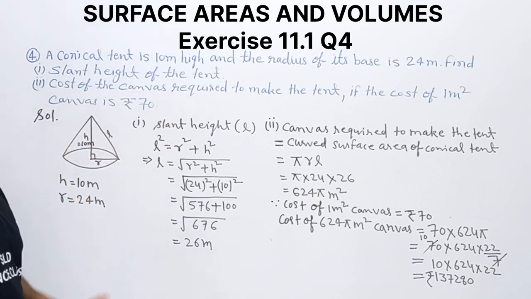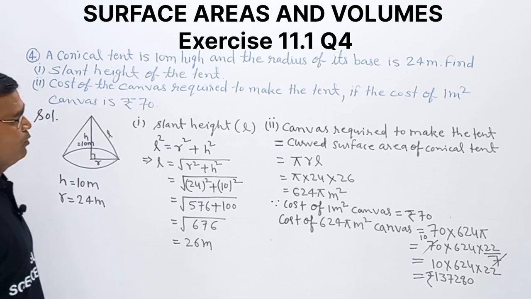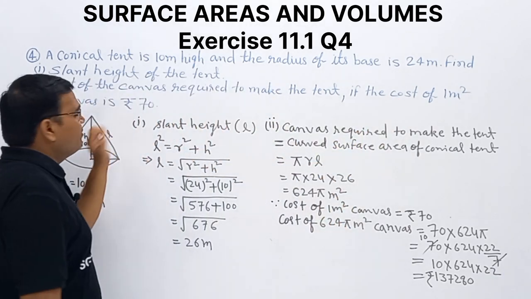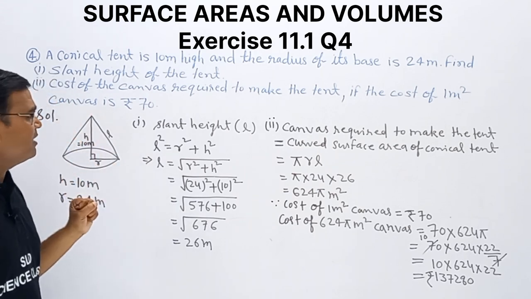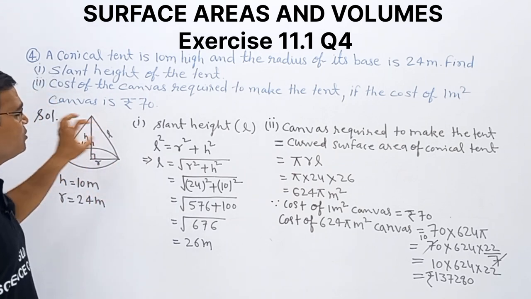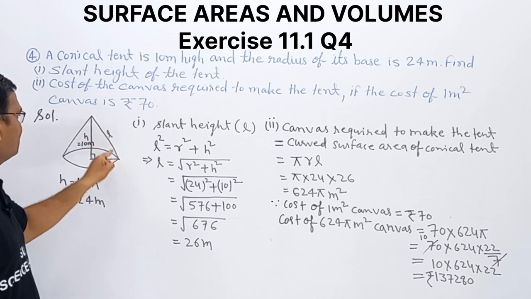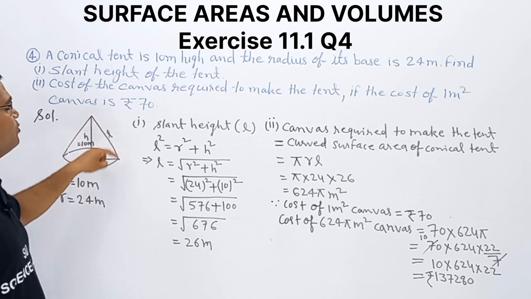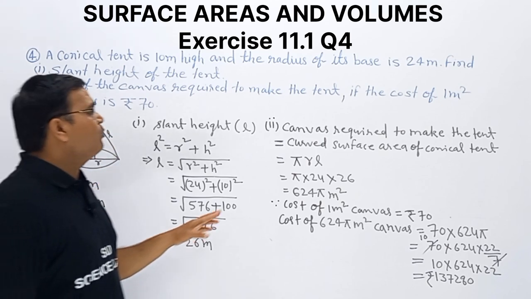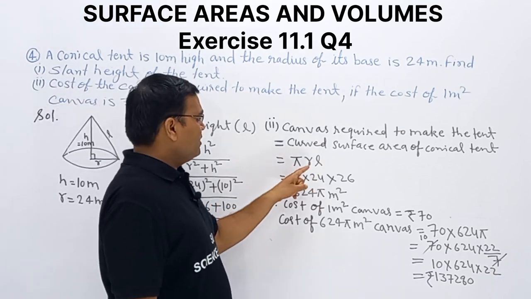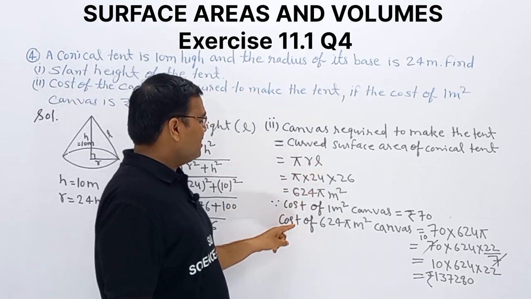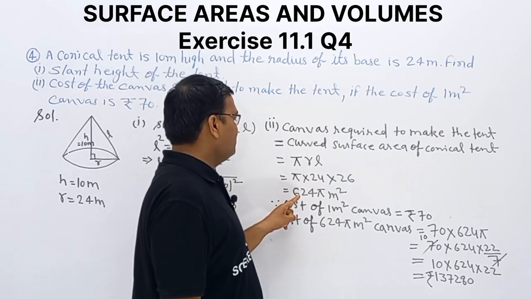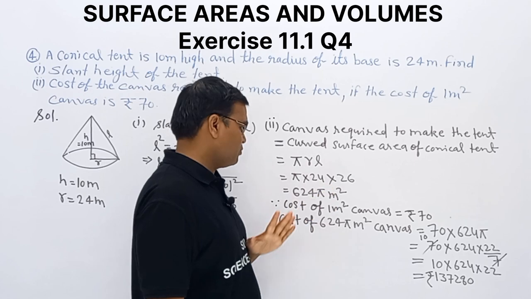Now the cost of the canvas required. In the question we have the cost of 1 meter square, which is 70 rupees. So for the total cost we find the curved surface area of this conical tent, whose formula is pi RL. Putting the values of R and L, the total curved surface area of the conical tent is 624 pi meter square.